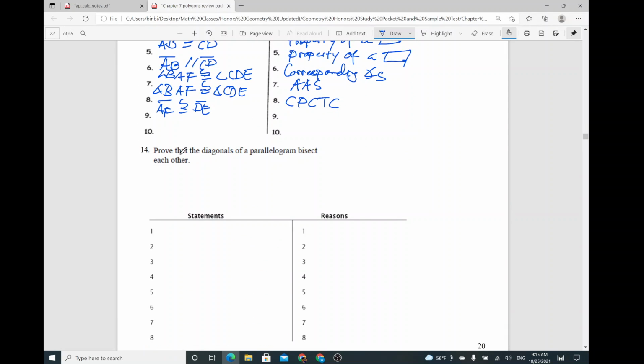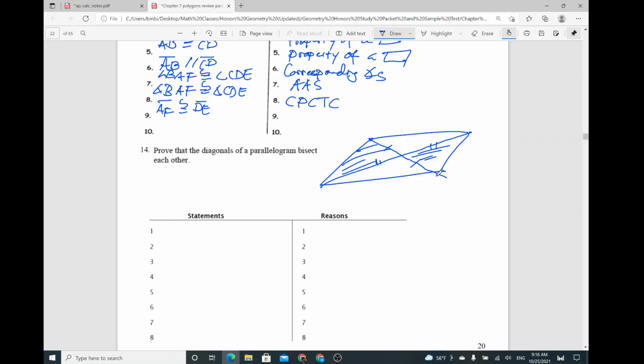So here's another one you can prove: that the diagonals of a parallelogram bisect each other. Using the properties of a parallelogram, this one is just giving the hint. In order to prove that the diagonals bisect each other, we can always prove the triangles congruent, like these two triangles here.